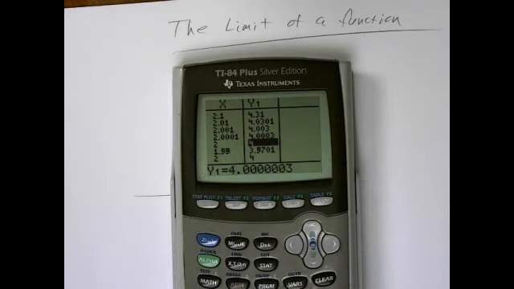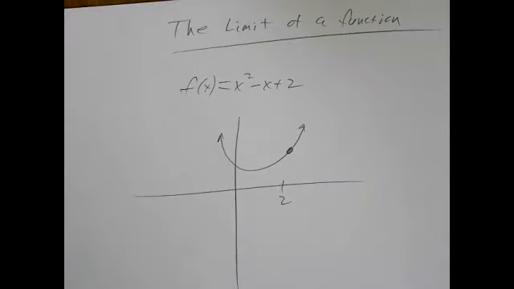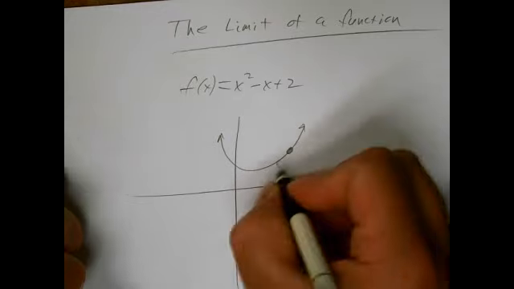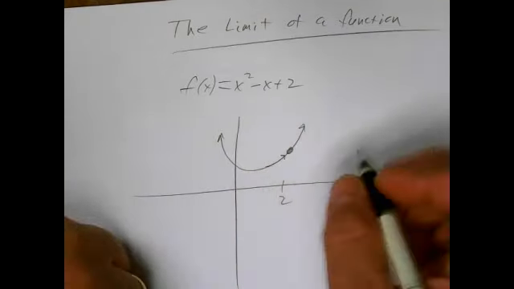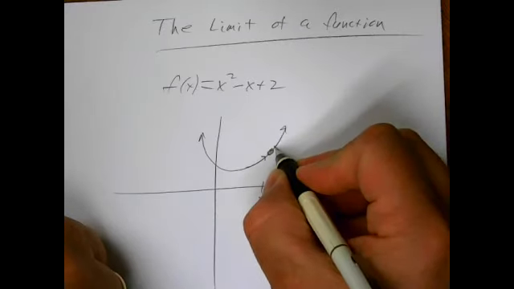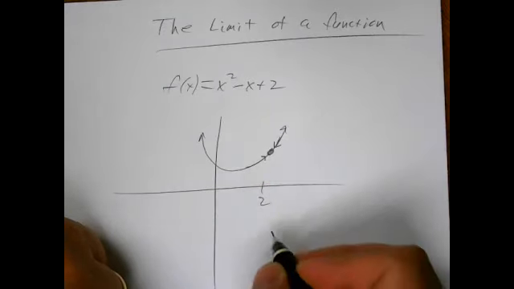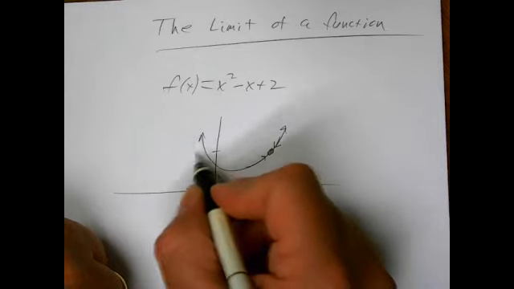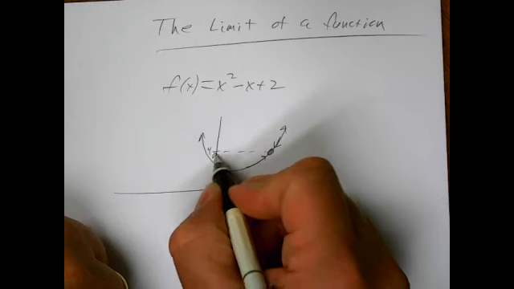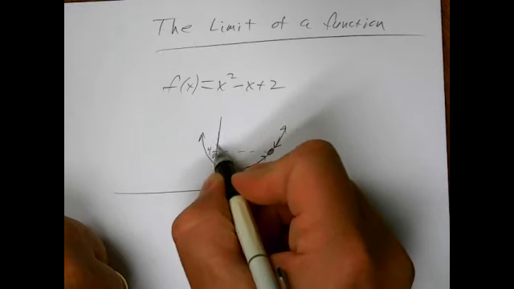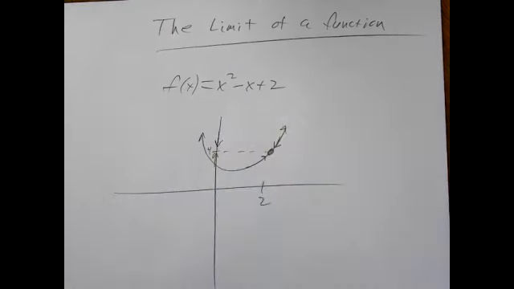This is the idea of limit, all right? And the idea is as I come in from the left on the x's, and as I come in from the right on the x's, the y values are coming up so close to 4 from the bottom and coming down so close to 4 from the top that it gets to a point that the calculator just can't tell the difference.